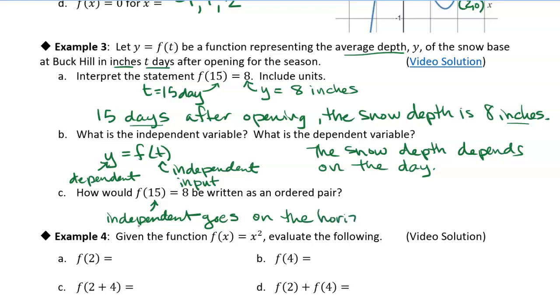That's the convention, that the independent variable goes on the horizontal axis. And so that means that the dependent variable goes on the vertical axis.